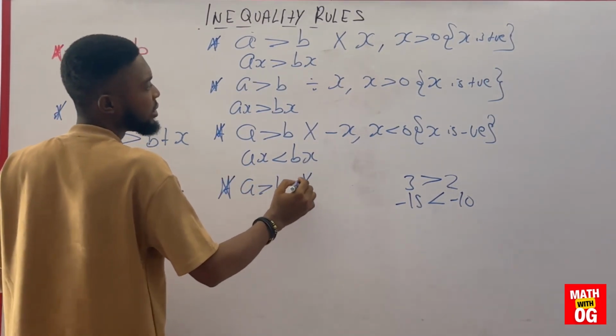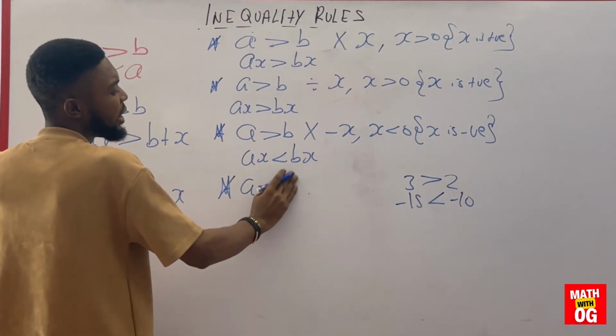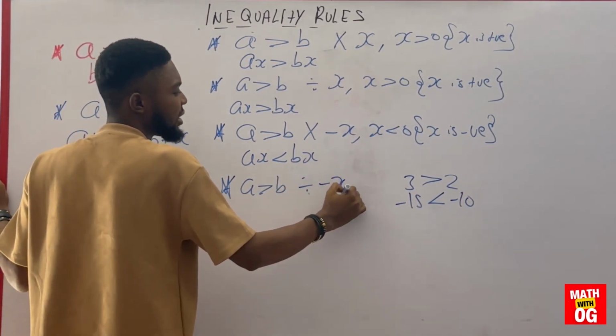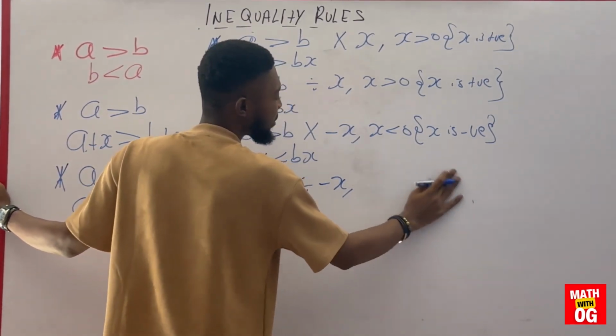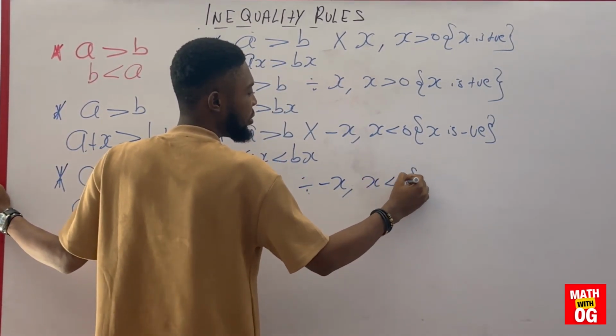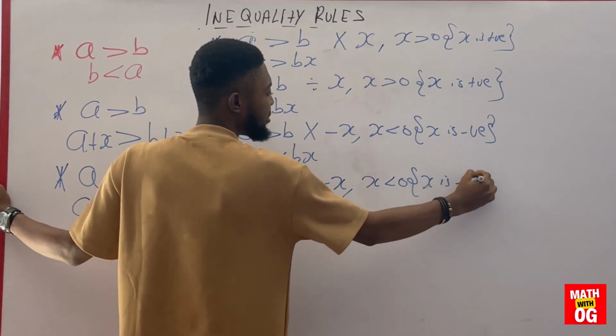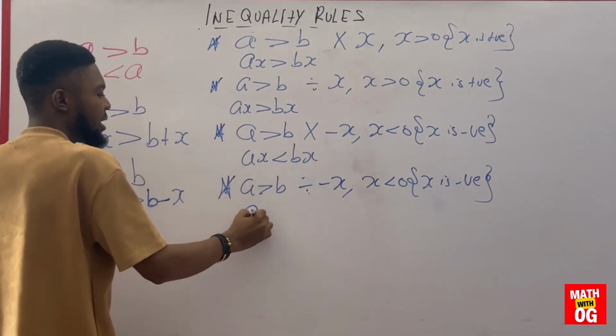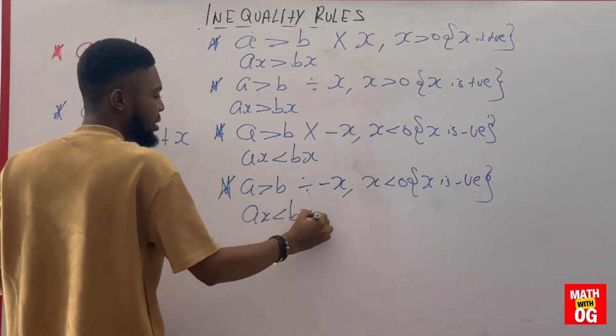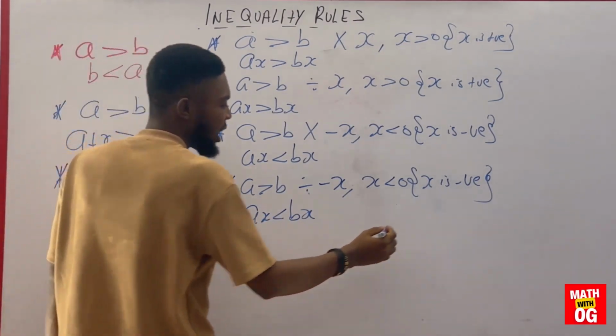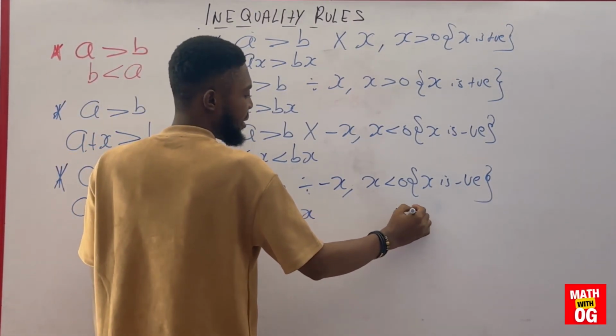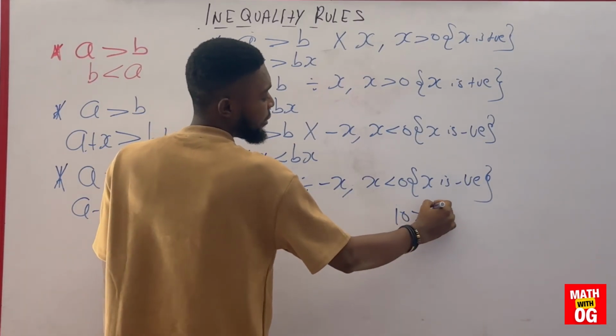Now lastly, A is greater than B. I'm dividing by negative X. That means X is less than 0. I can write X is negative. So if that's the case, my A over X must be less than B over X. Now let's check if that's true. I have 10 greater than 5.